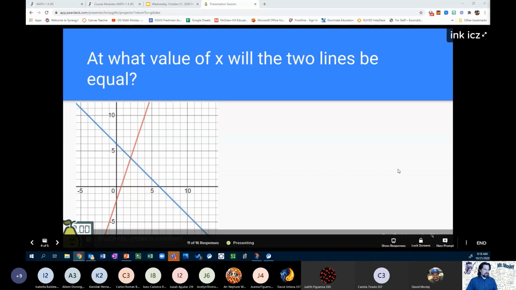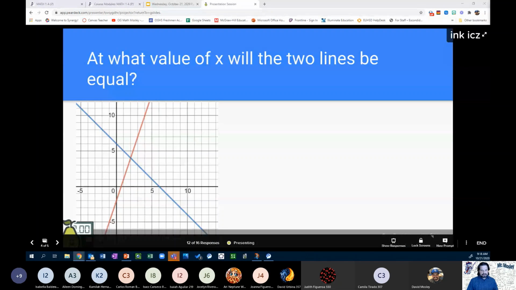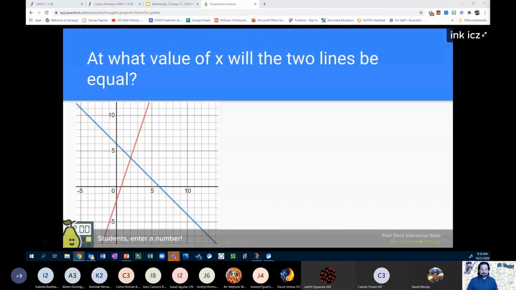So for this problem, the value of x where the two lines cross will be at 2, x equals 2. The solution to where the lines are equal is x equals 2. All right. What questions do you guys have? What can I clarify? I know this one was a little bit harder.